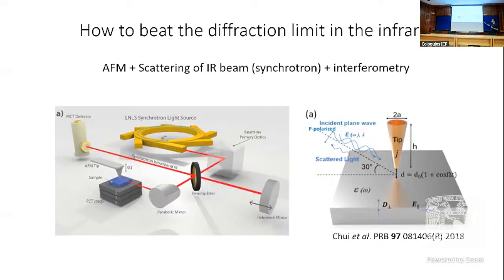So the polariton will be here. You have a quasi-particle. I'll show more about it in the next slide. But it will be created here, a quasi-particle that is limited to the surface. So we are limited to a region around the tip, in the plane and in the vertical also. So it really looks for nanostructures there.